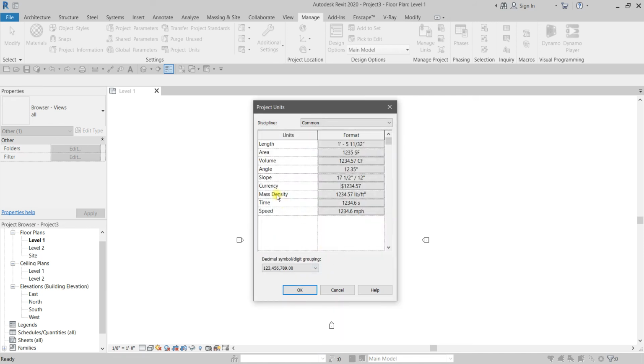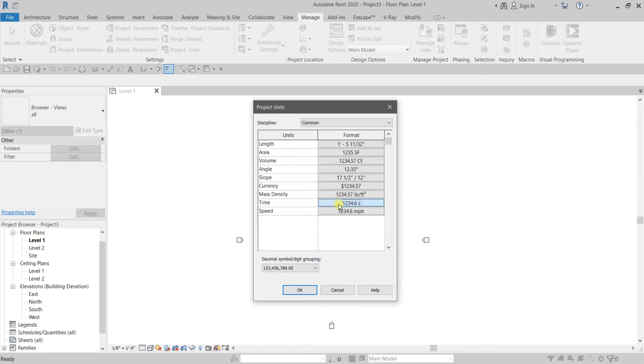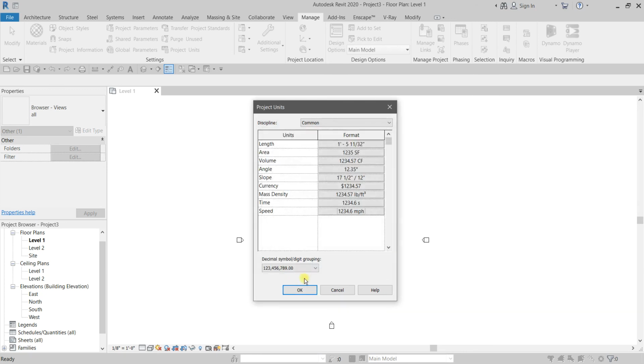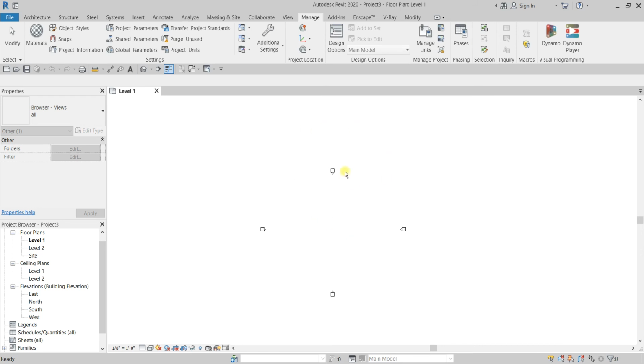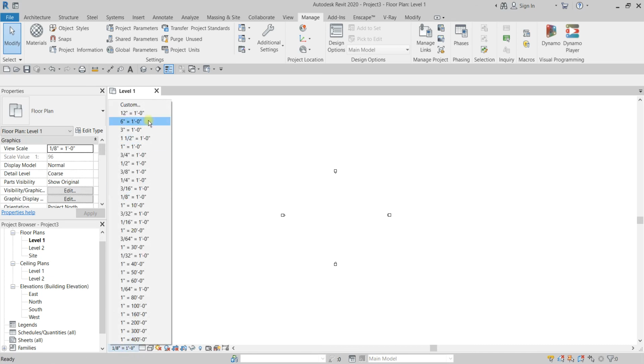For mass density, you choose pounds per cubic foot. For time, you choose seconds, and for speed, miles per hour. So these are the units we have in imperial. Also, under the scale column, you can see the default template comes with various types of scales.